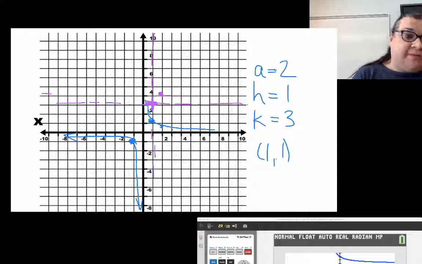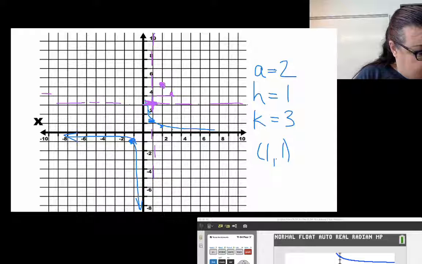But now we're stretching by a factor of 2. So instead of being over 1 and up 1, I'm actually going to multiply by 2. I'm going to stretch it up. So I'm going to be 1 over and 2 up from the cross of the asymptotes. All right, so I'm actually going to be there. And instead of being over 2 and up a half, I'm going to be over 2 and up 1 from the crossing of the asymptotes.